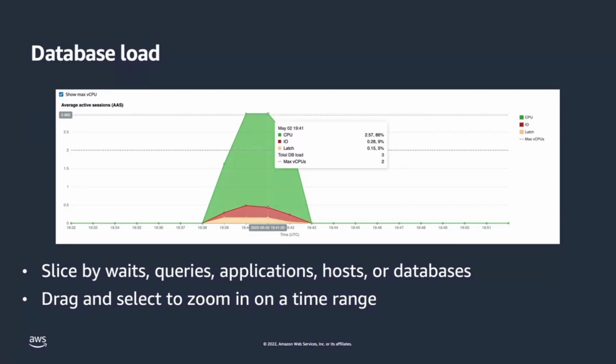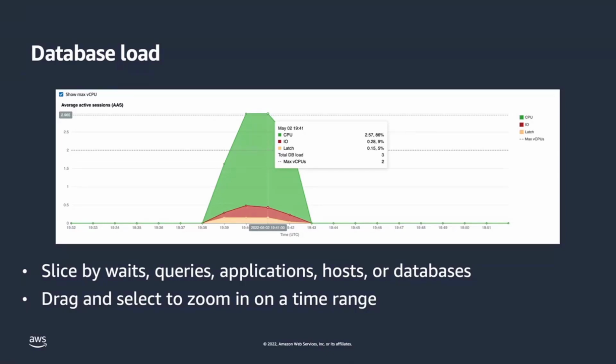By default, this load is sliced or grouped by what we call wait states. So some wait states are CPU, like you see here, the green one. That means that this request or session is waiting on CPU. Another common one is I/O. It's waiting on I/O, right? Maybe to read something from or write something to the distributed storage volume.